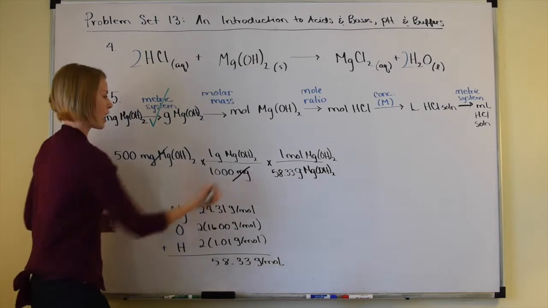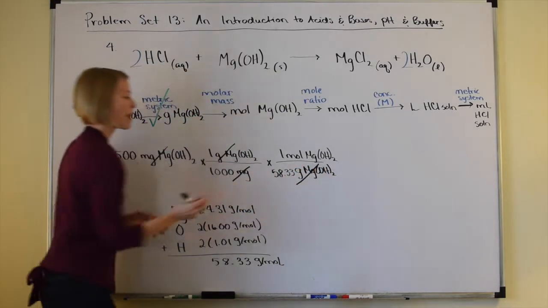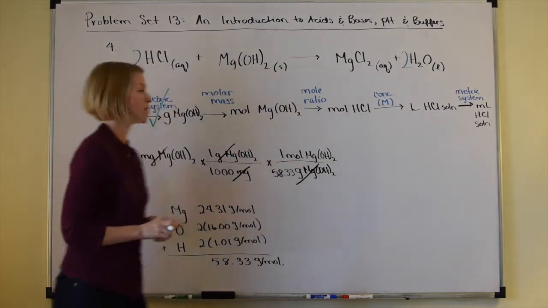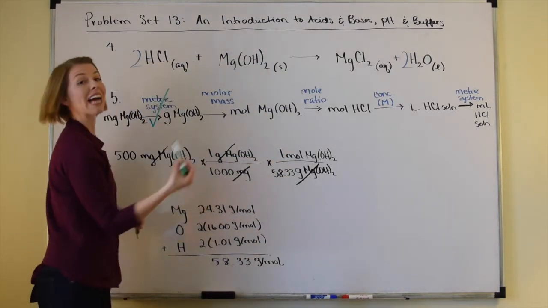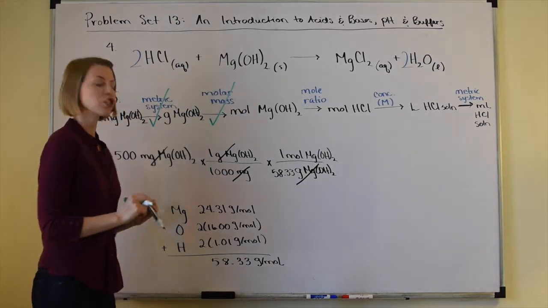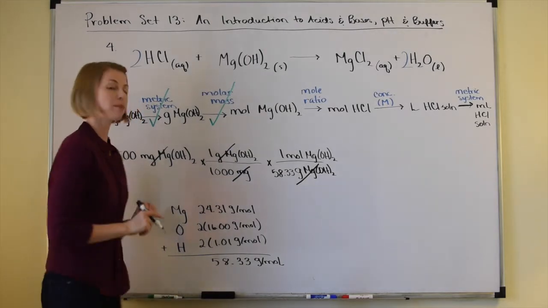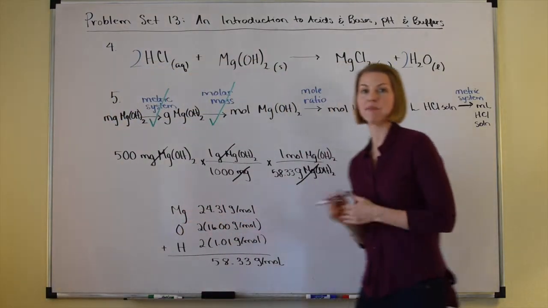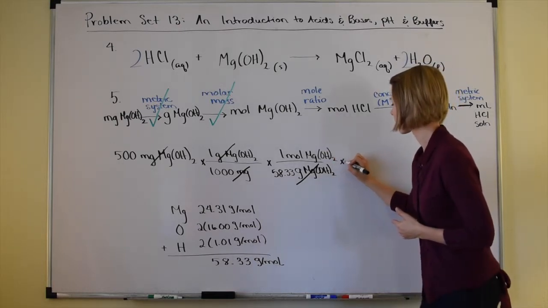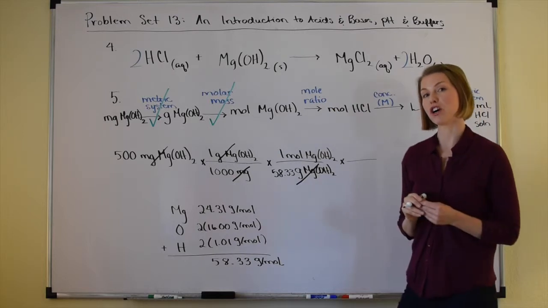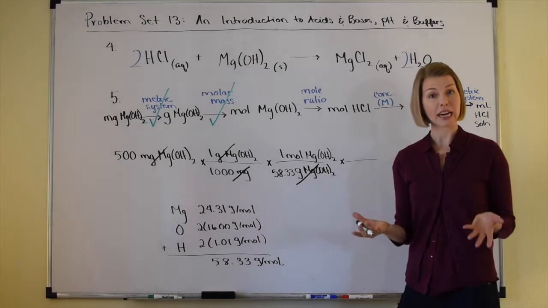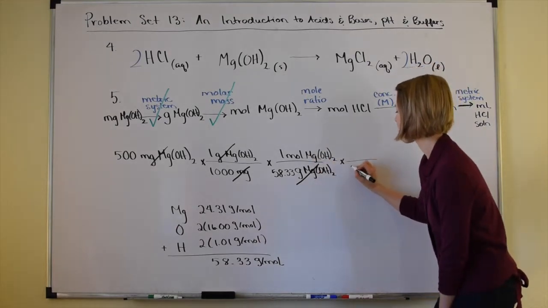Okay, so now my grams of magnesium hydroxide cancel, and I now know how many moles of magnesium hydroxide are reacting. So that was this step right here. I just used the molar mass to convert between grams of magnesium hydroxide and moles of magnesium hydroxide. Not done yet. Now, I'm going to use my mole ratio to figure out how many moles of hydrochloric acid would react with this quantity of magnesium hydroxide.